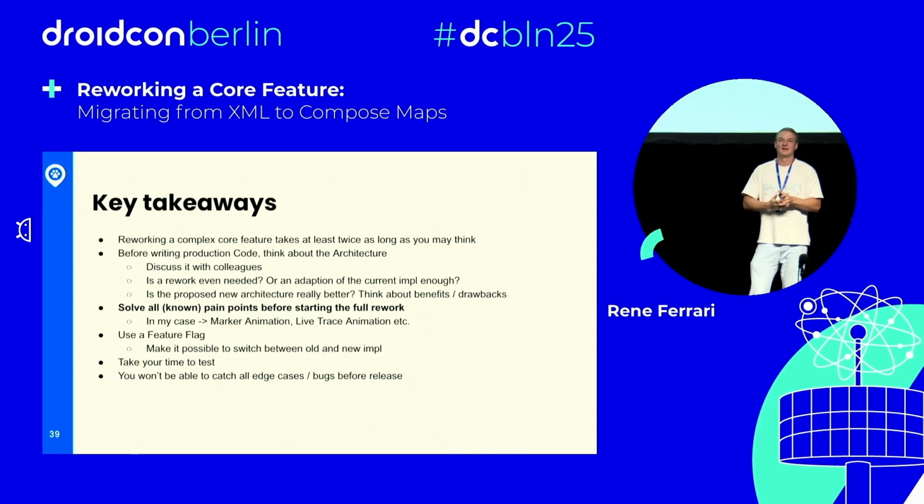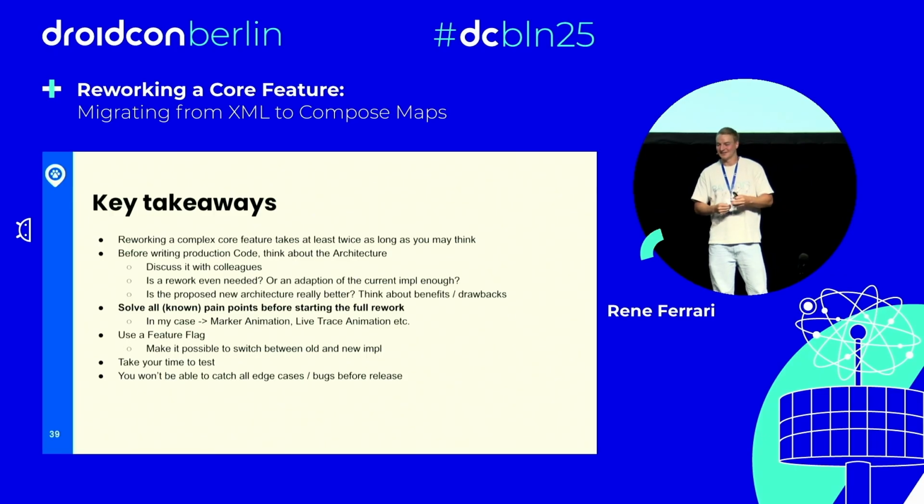It doesn't help to say, oh, there's this fancy new technology, we want to upgrade to that. But if you don't know how to solve everything that you struggled with before, that's not the right way to go. You should have a plan for how to move forward first, and once it's all set, start coding.